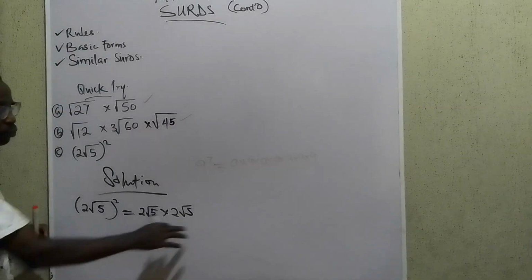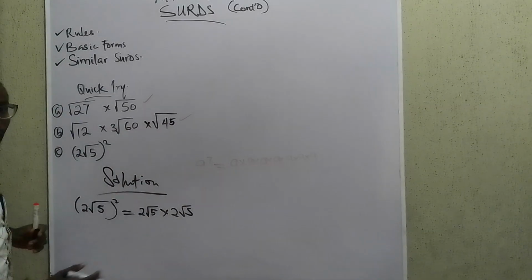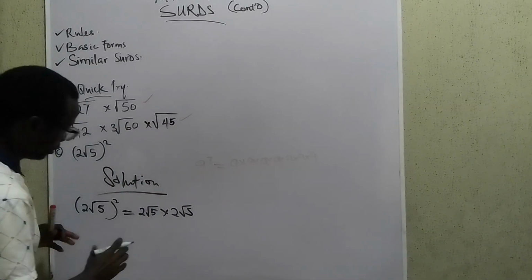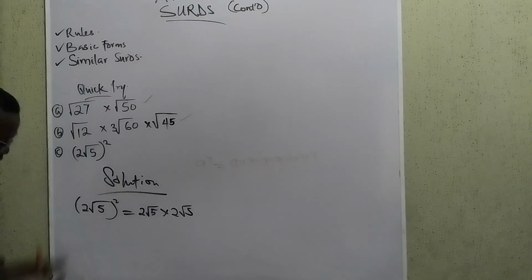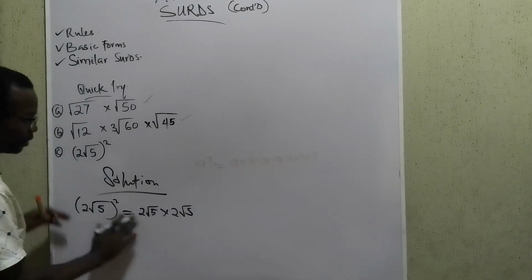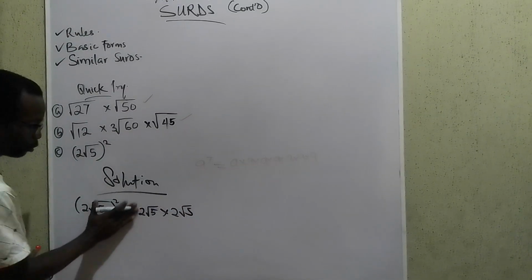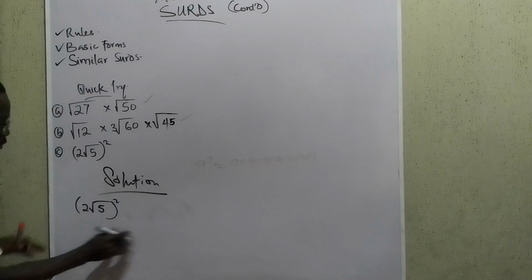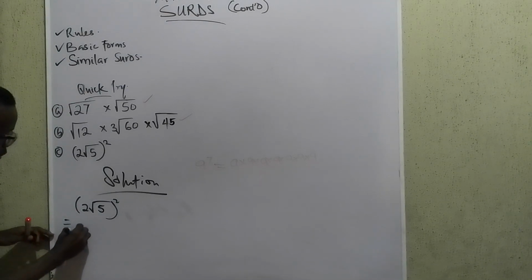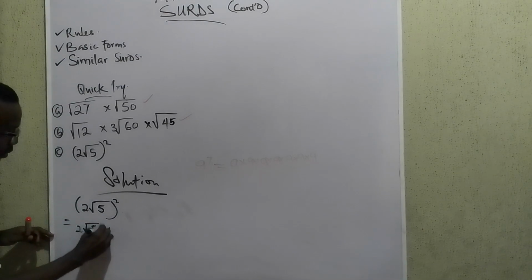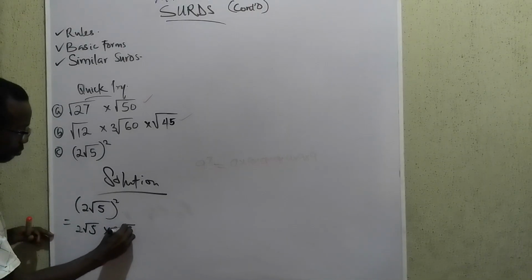I've written 2 root 5 twice. So let's open it up. Let me solve down. This is the same thing as saying 2 root 5 times 2 root 5.